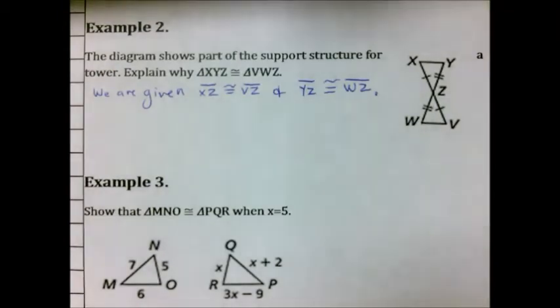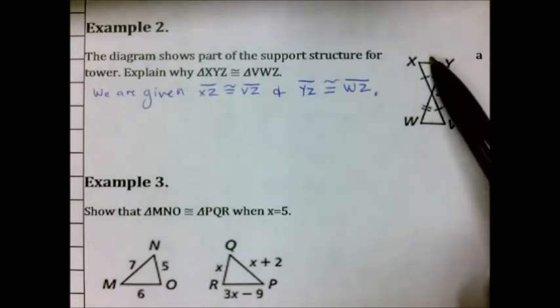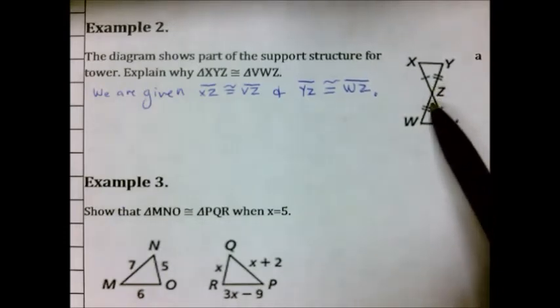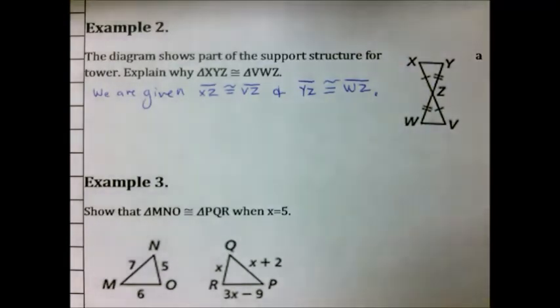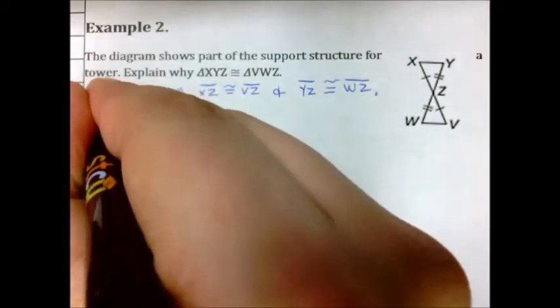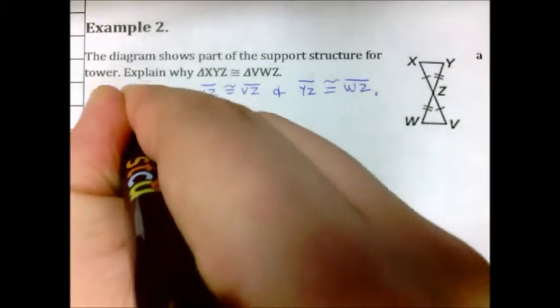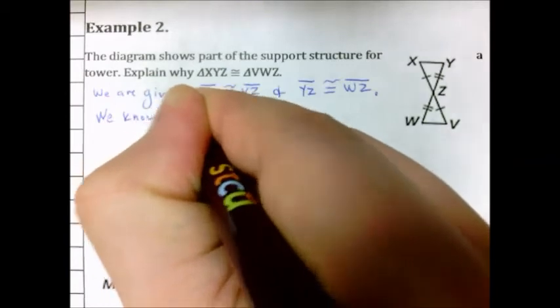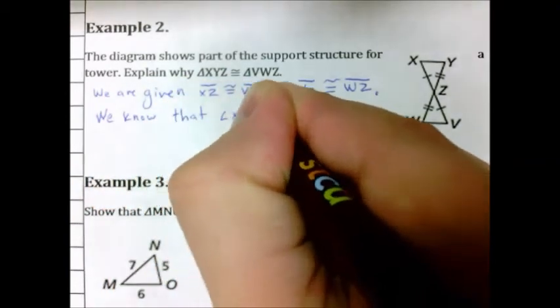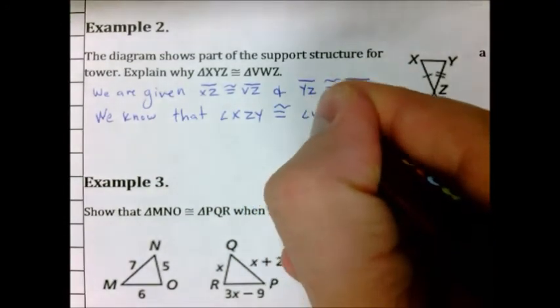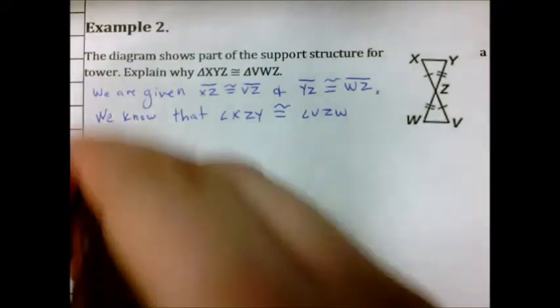And we've been talking again about side-side-side congruency and side-angle-side congruency. And so we know we can't really clarify that XY is going to be the same as WV, but we do know something about this angle here, and we know that those are vertical angles. And so we can say that angle XZY is congruent to angle VZW because of vertical angles.